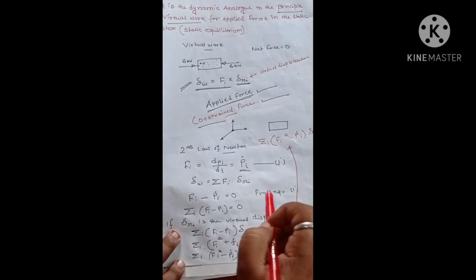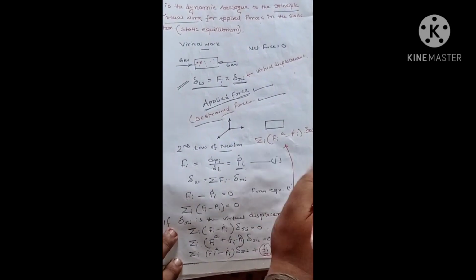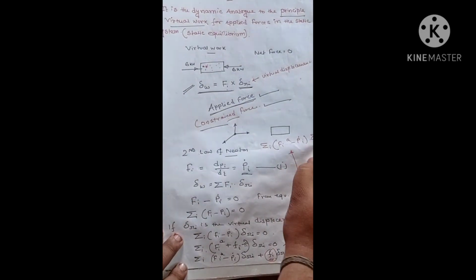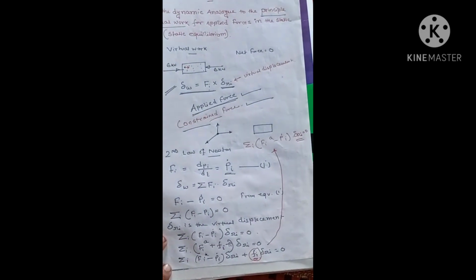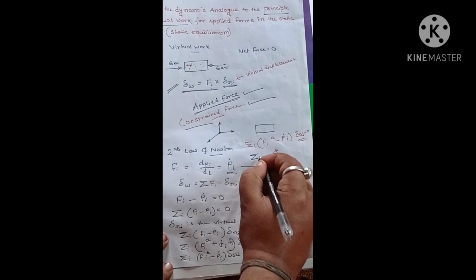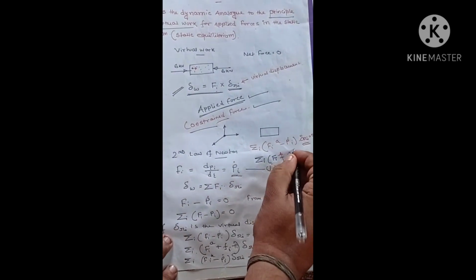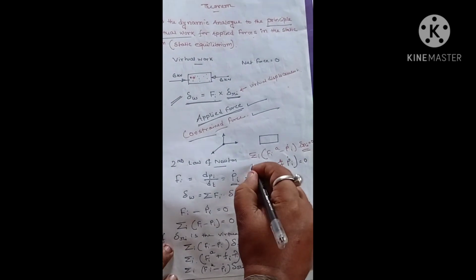Now, if we make this equation simpler, since the displacement is very small, the equation comes to Fi minus p dot i equals 0.